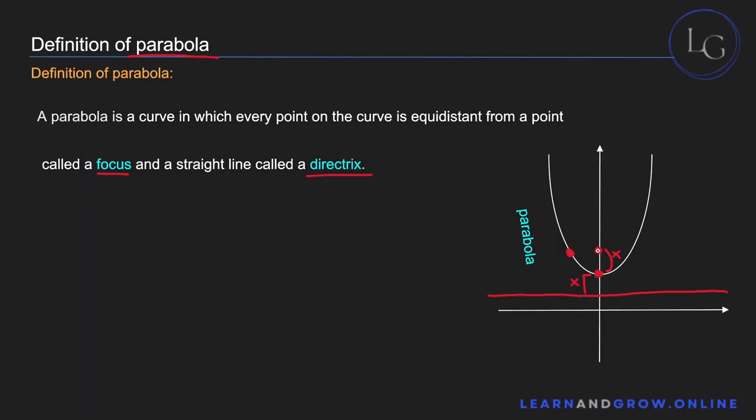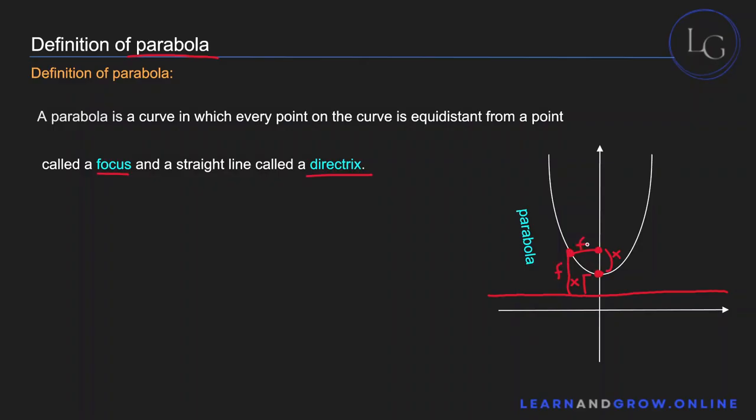This point will have the same length from the directrix and this point that we took before. Both of these are equal, right? So let's say this is length f, so this will also be length f.